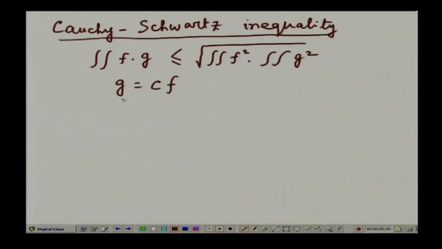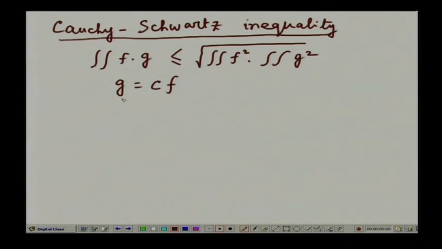So, this also says that whenever f, the template, is similar to a region of the given image g with a multiplicative factor of constant c, then this integration of f into g will take on the maximum value. Otherwise, it will be less.